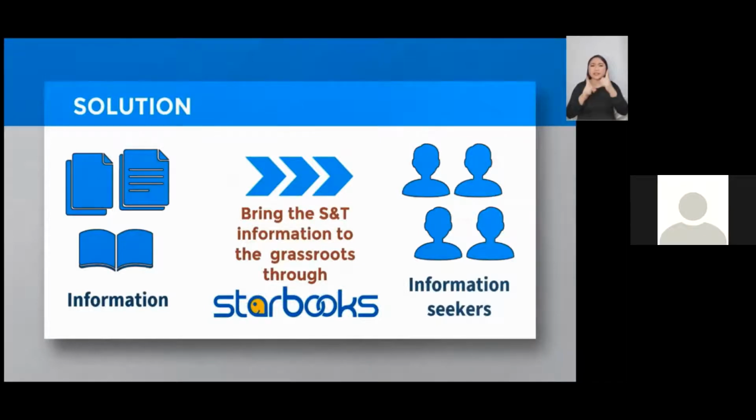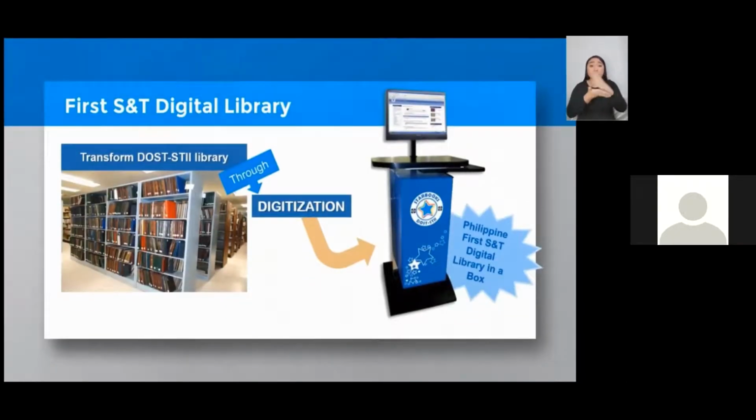So ano nga ba si Starbucks? Si Starbucks po ay mula sa ating physical collections, yung mga nasa library natin, thesis, reference materials, nag-undergo po siya ng processing, digitization process, as well as tagging or meta tagging. And so we can upload it sa isang kiosk na tinatawag na natin ngayon na si Starbucks.